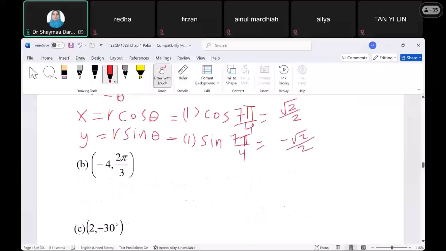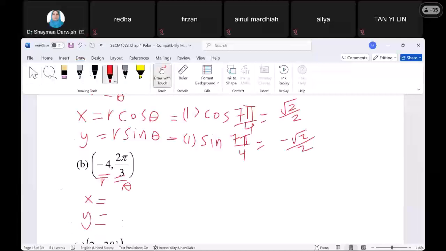Second point. I need all of you to convert the second point. We have r, we have theta. We need to find x and y. Same thing. You need to use the same relation. x is r cos theta. y is r sin theta. But here r is minus 4, not 1.